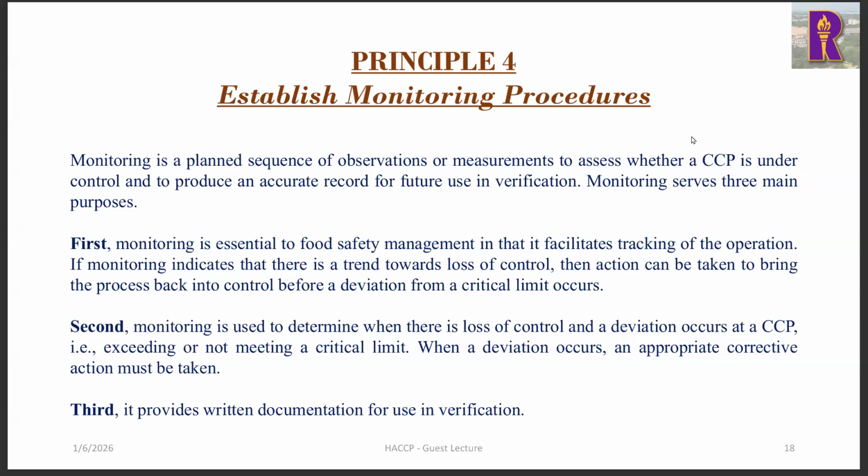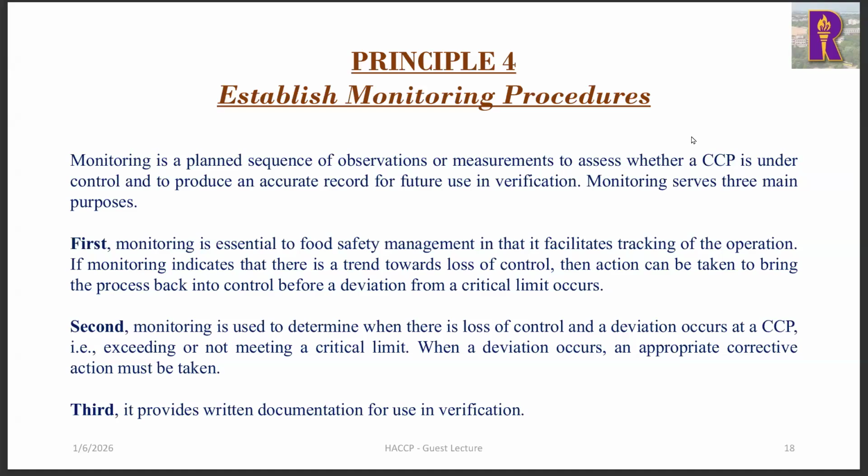So establishing a monitoring procedure is nothing but first tracking the operation, from where the hazard originated and how it started. Then you have to look at the range of the limits, that is the minimum and the maximum limits. You have to go for repetitive measurements, to see whether the limit is the same or different at all the intervals.